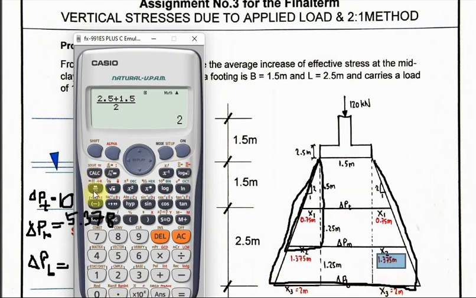So ato na ang pangitaon na yahang stress at this point. So naakay load nga 120, base times length, which is 2 plus 2, 4, plus 1.5 dayon times height dayon niya, di ba? This is 2.5 plus 2.5 plus 1.5 plus 2.5 sa footing.